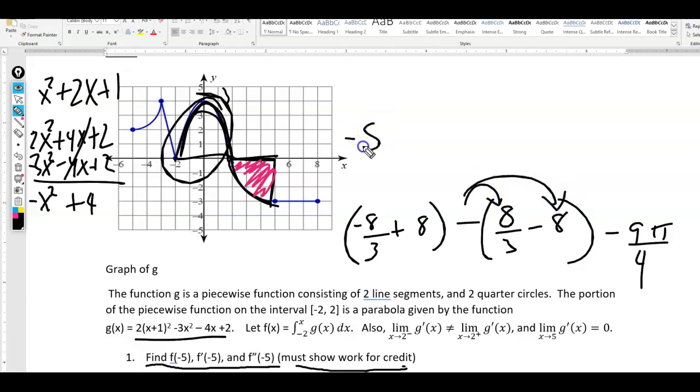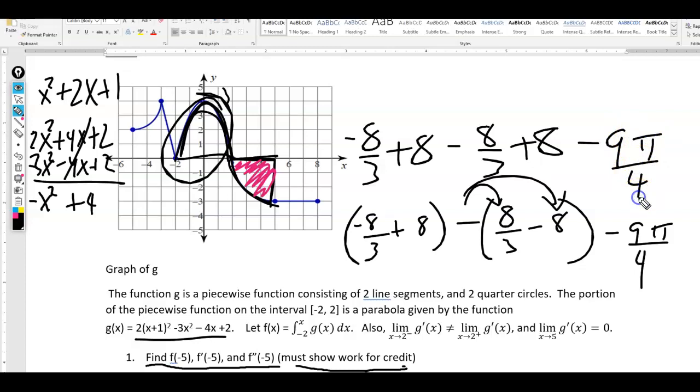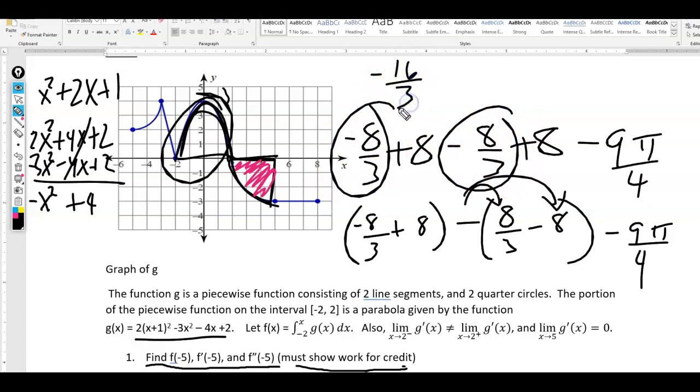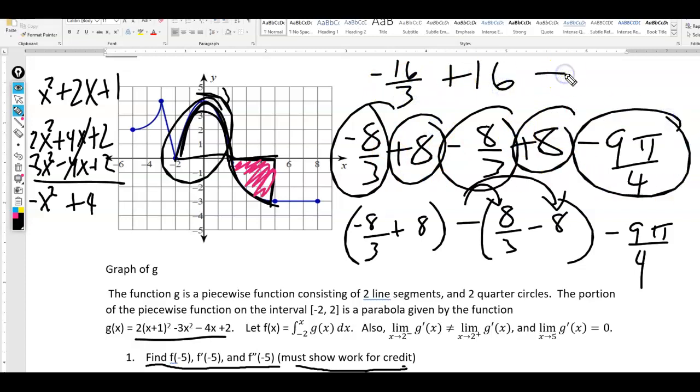So we have negative 8 over 3 plus 8 minus 8 over 3 plus 8. And then I'm going to go ahead and bring that 9 pi over 4 up, just like we have been, just kind of tagging along. Finding our like terms here, that makes negative 16 over 3. Combining these like terms here, we get 16. And then bringing that up, again, we get this.